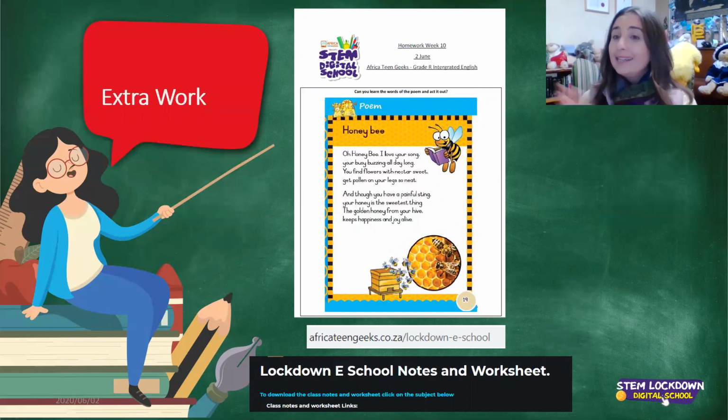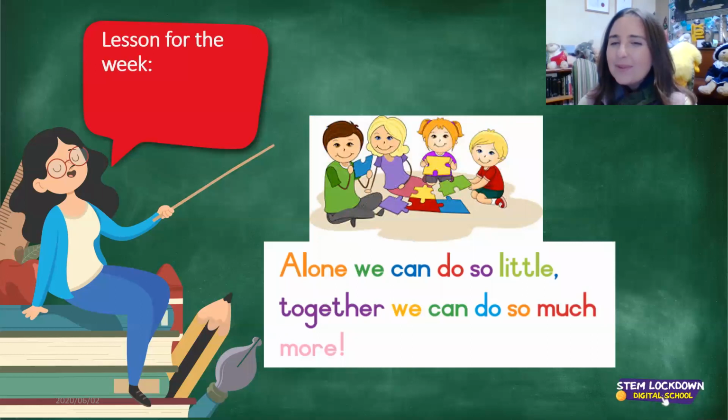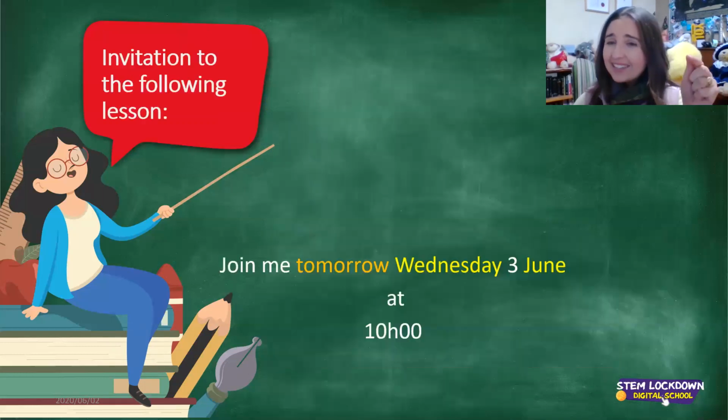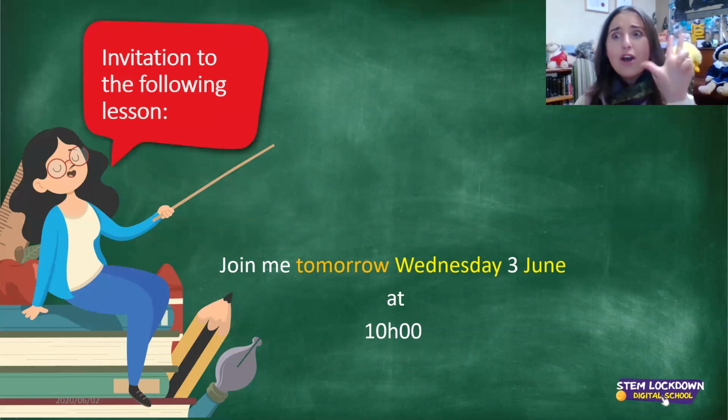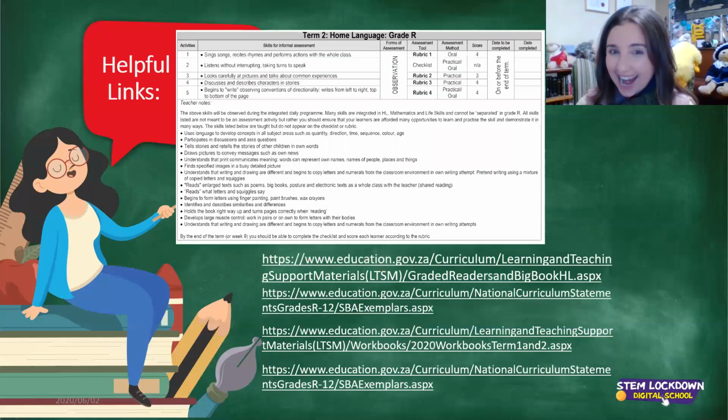Ask mom and dad to have a concert with you and be honeybees. Alone we can do so little, together we can do so much more is our theme and our lesson for this week.